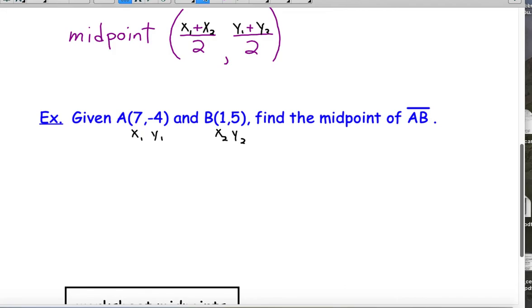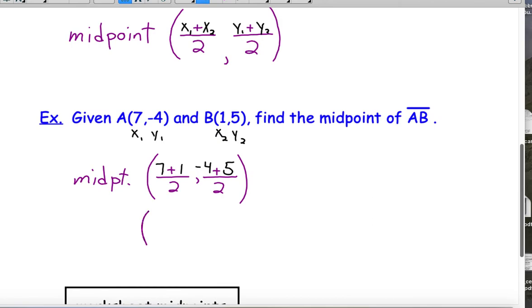And to get my midpoint, we'll abbreviate midpoint, I'm going to get 2 answers, put them in parentheses as an ordered pair. I'm going to average them, so I'm going to add them up, divide by 2, and then I'm going to plug in the numbers. So my x numbers were 7 and 1, and my y numbers were -4 and +5.